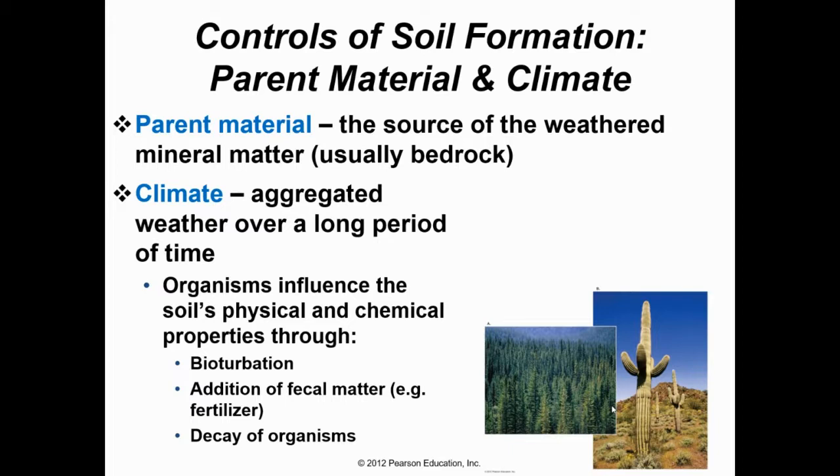And then, of course, the amount of organic material, okay, that plays a role. So the amount and extent of burrows, so bioturbation, adding fecal matter, fertilizer, stuff like that, decay of animals, trees, leaves, whatever. All that stuff is going to affect the substance of soil. Typically, the more organic material you add, the richer and more productive the soil is going to be.